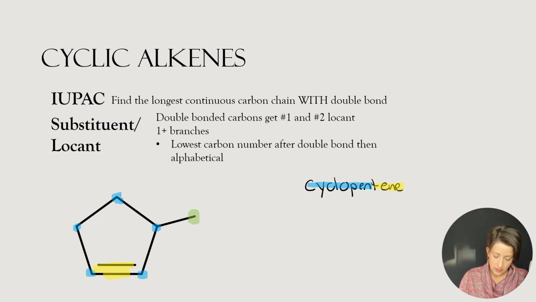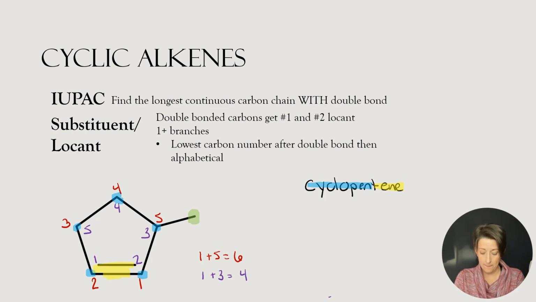I start and I number 1, 2, 3, 4, 5. That is going to give me a 1 and a 5 locant for a total value of 6. If I go 1, 2, now I'm counting the opposite direction, 3, 4, 5. This gives me a 1, 3 locant values for a total value of 4.